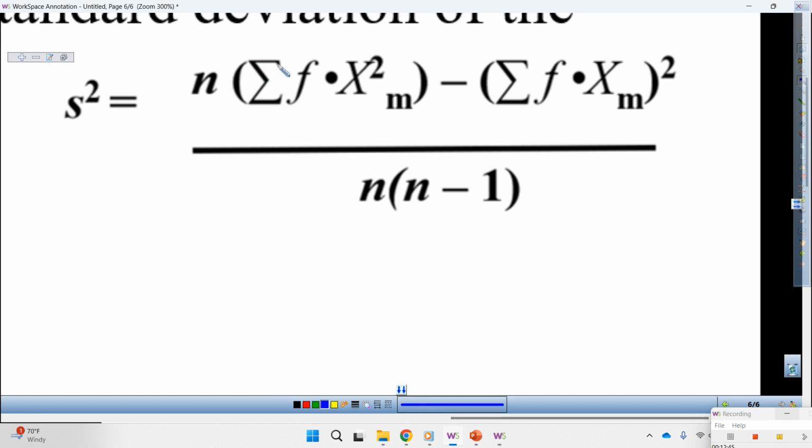What does a capitalized sigma mean? Donna, pass someone. Martin, what does a capitalized sigma mean? That is correct. It's the sum. Okay, so far so good. But the sum of what? Let's look at this. What does this say? Frequency times what? Tell your neighbor, frequency times what?